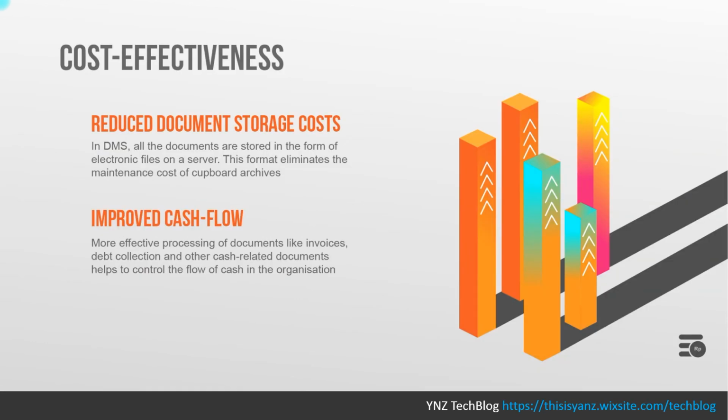And then we're talking about cost effectiveness. One is very clear. We don't need the storage cost. We don't need the cabinet, the binder, the special room for keeping our 10 years of documents. We put everything in the server and that's it. And the other one is the improved cash flow. For example, if the business process is already digital, the documents are all in place.